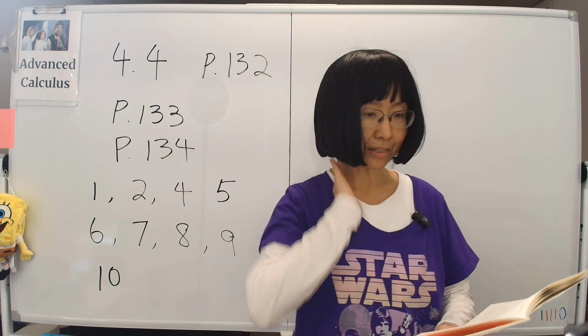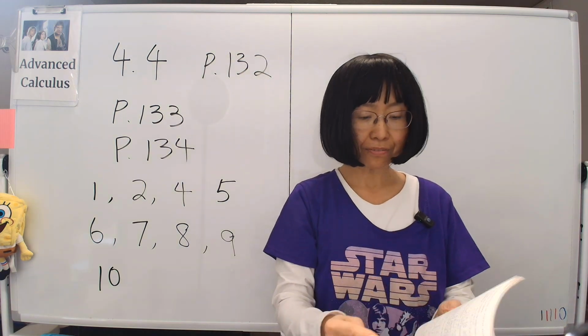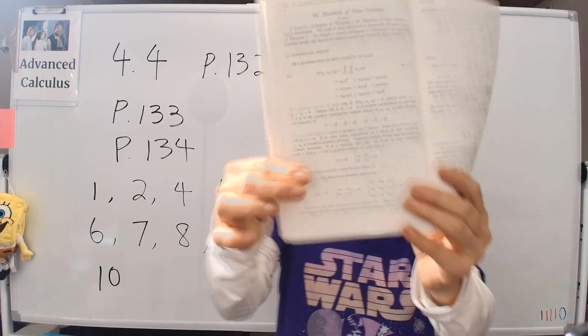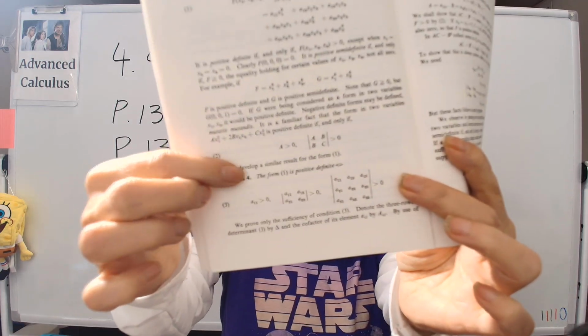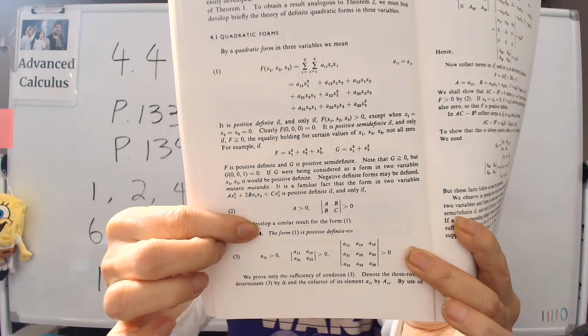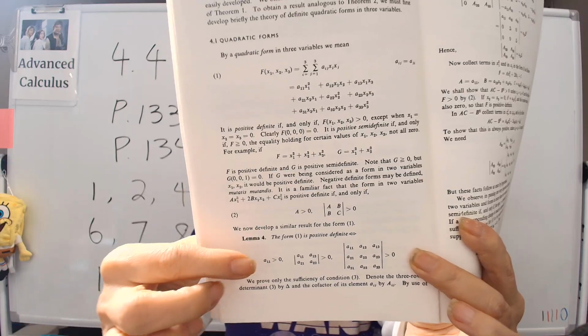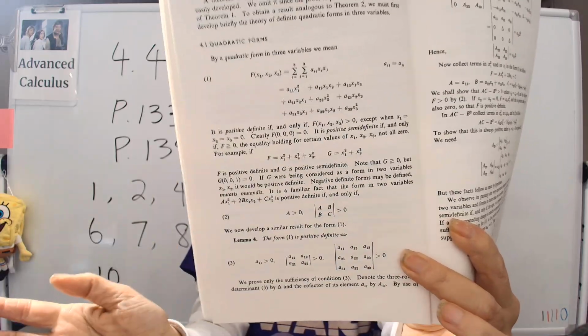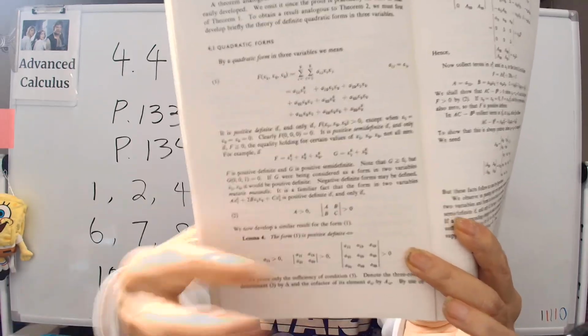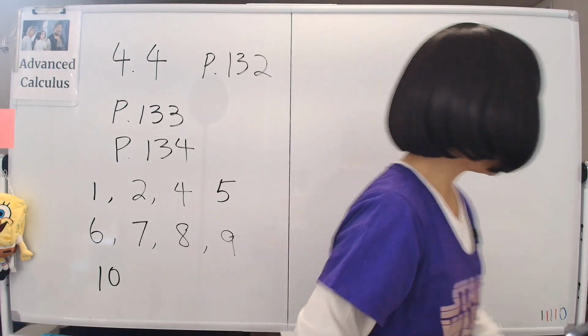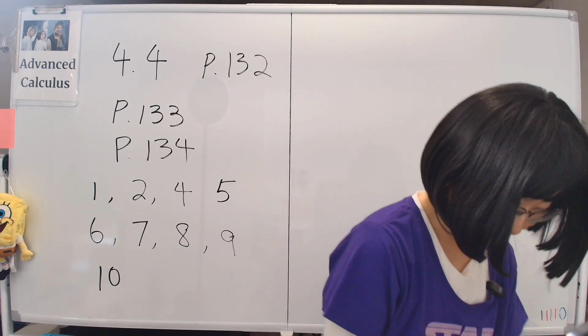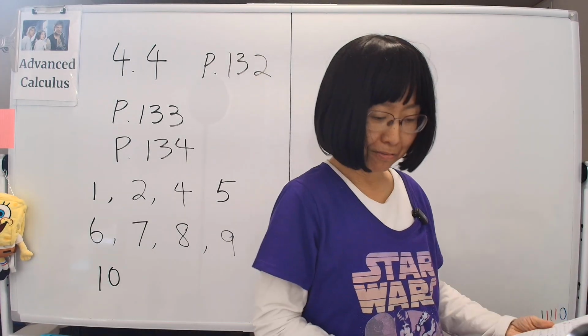Next, let's look at problem 10, where we are proving the necessary condition. In other words, we have to prove that if the form F is positive definite, then these things are all true. So we're proving this direction. And we even got some hints.